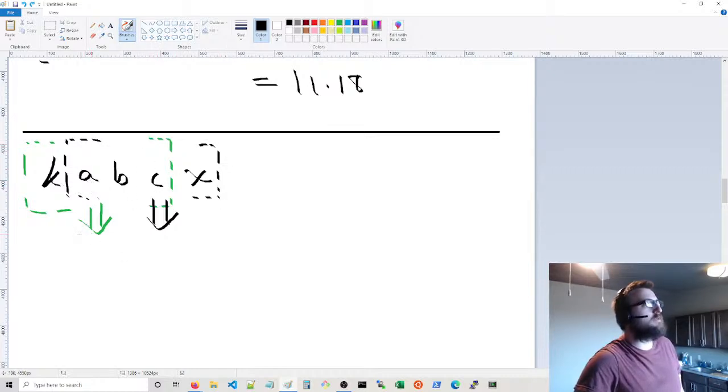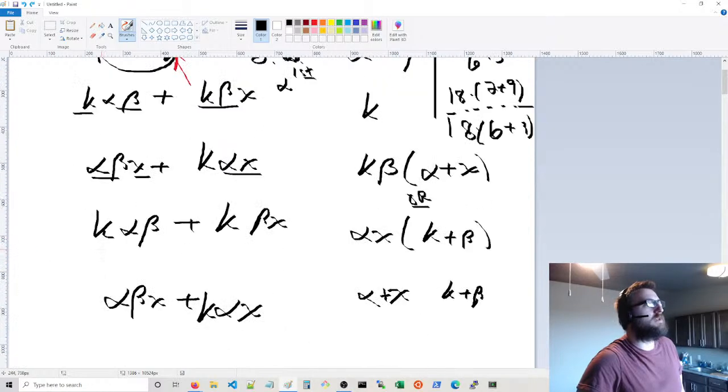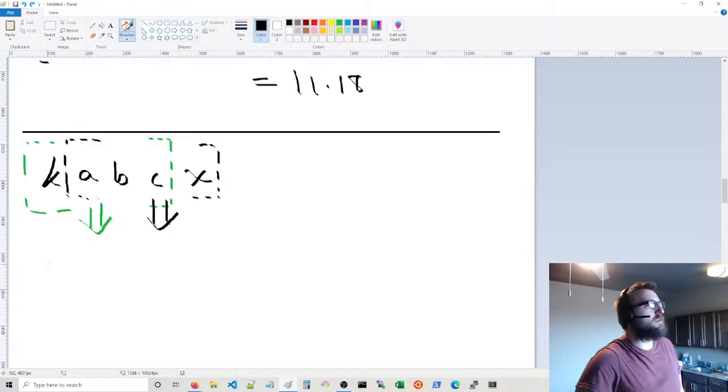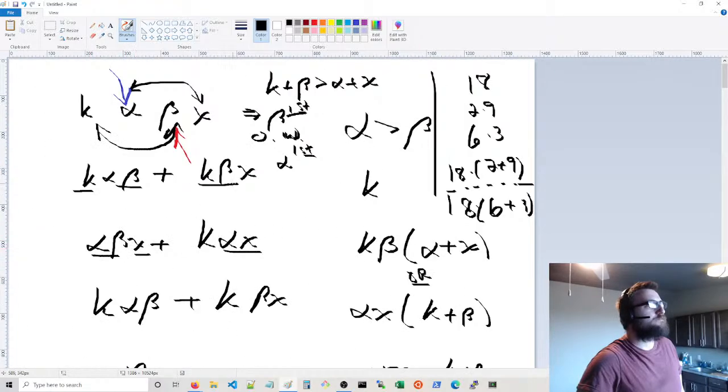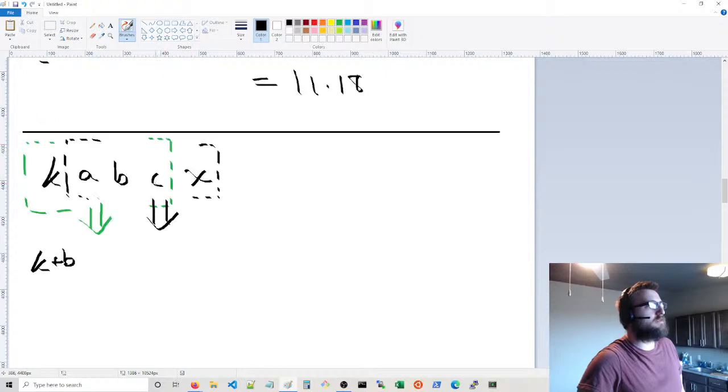So here you would have the choice between k plus b compared to a plus c.